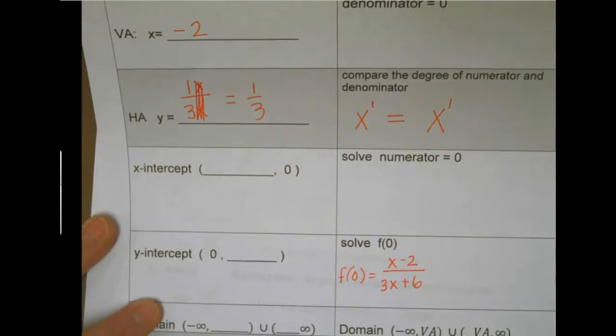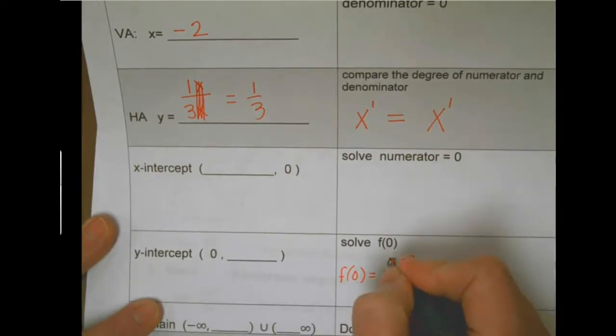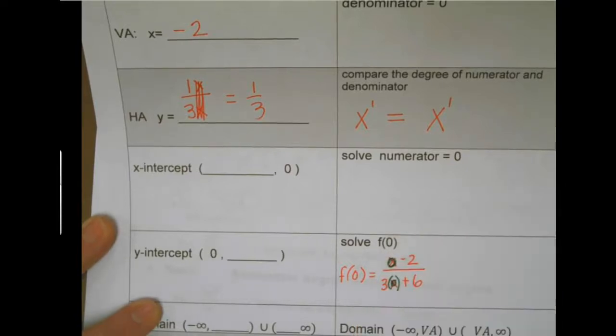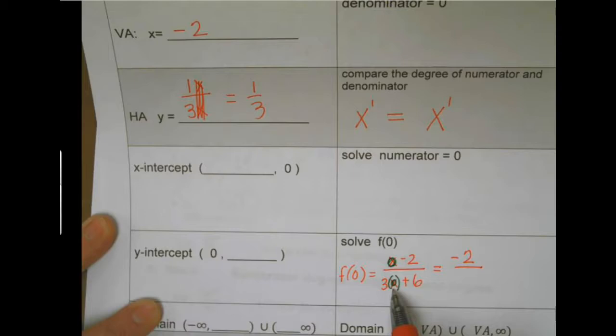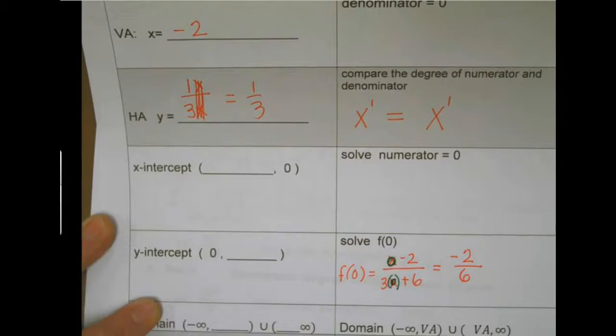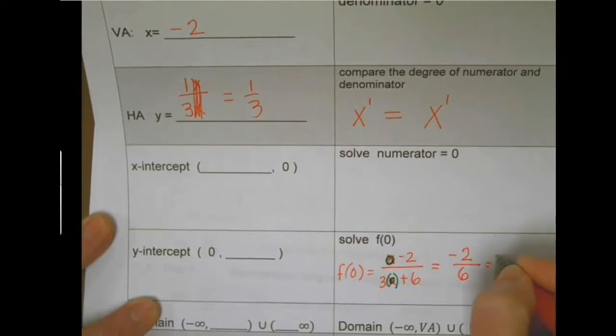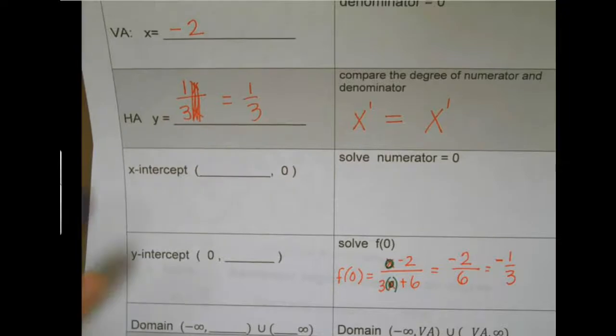You'll get the same answer. And what this tells me is that in place of the x, I'm going to substitute in a 0. So what is 0 subtract 2? 3 times 0 plus 6. And what does that reduce to? Now, that is the best answer.